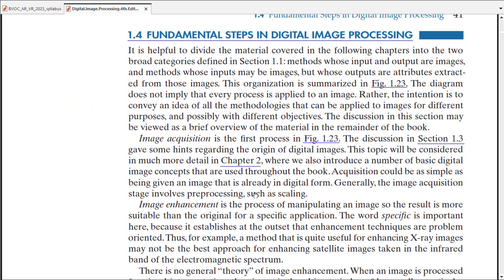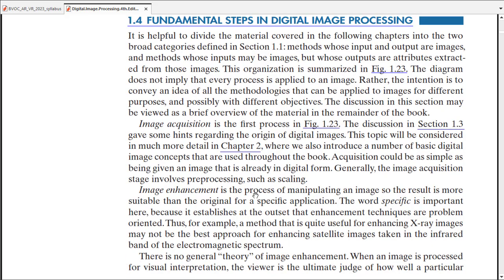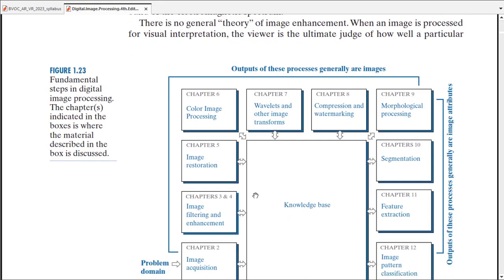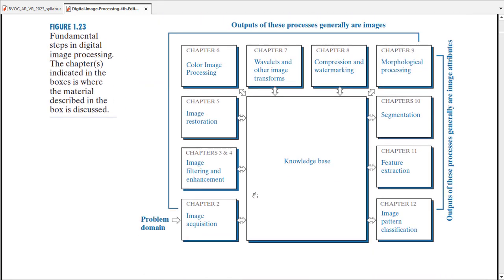Another topic is the fundamental steps in image processing. The major roles are image acquisition and image enhancement, and the study of this structure gives the fundamental steps in digital image processing, along with a knowledge base. First is the problem domain. You come to image acquisition, and image filtering and enhancement is a pre-processing step. The next level is image restoration.